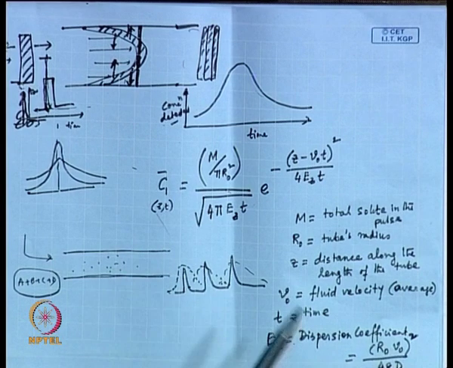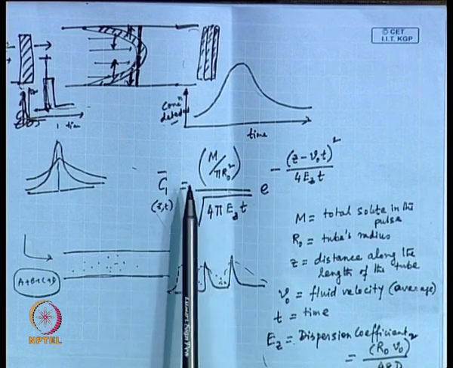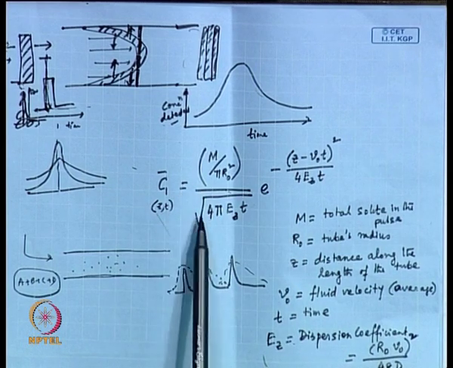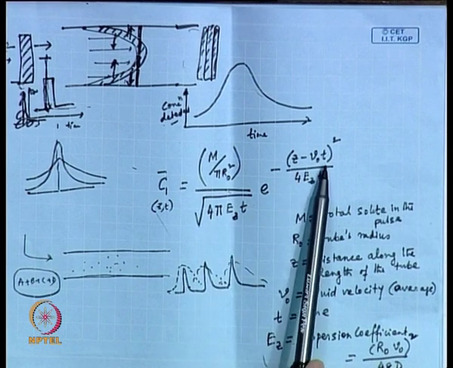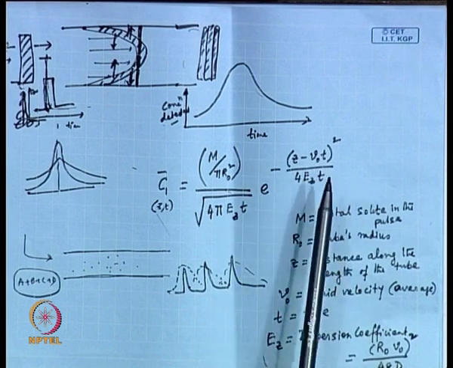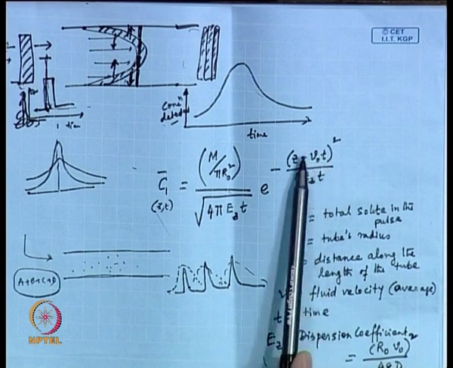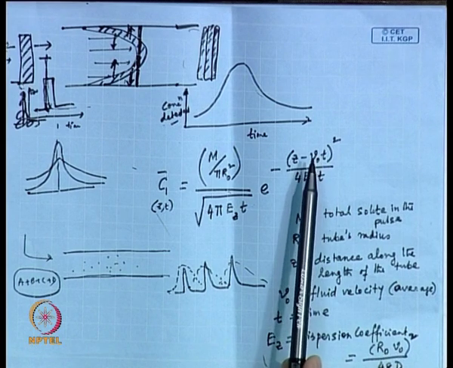When we talked about diffusion of a spot of tracer in an infinite medium, we had a very similar expression at that time. However, there, instead of Ez we had the diffusivity term, and instead of z minus V0 t we had some dimension of length. Here z minus V0 t, it must be obvious to you, is a moving coordinate system.